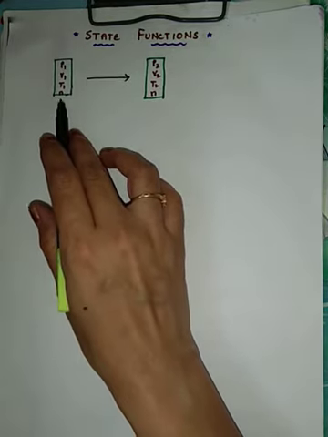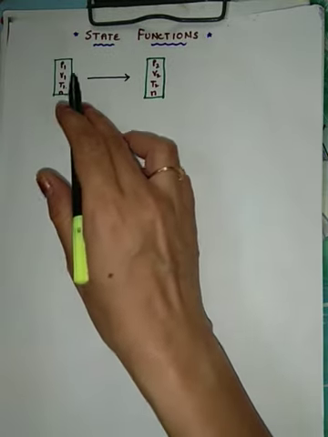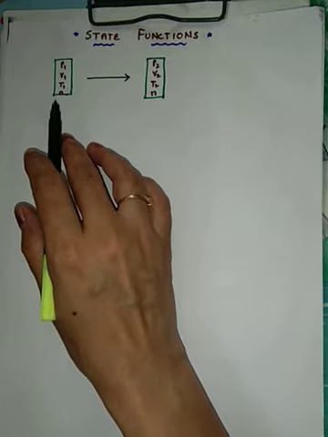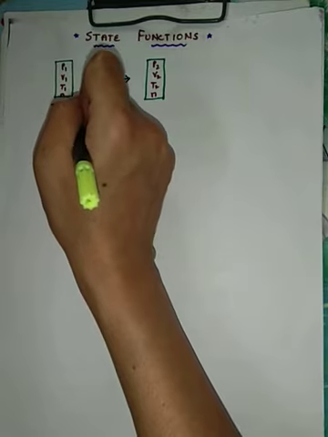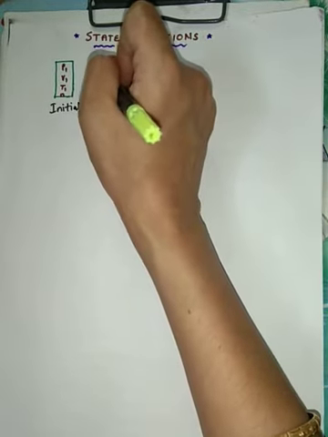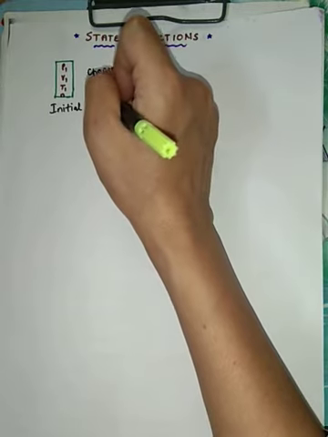First of all, state is defined by describing the values of pressure, volume, temperature and number of moles. Let us consider that initially the values of these state functions are P1, V1, T1 and n. Now if there is a change in these variables, they are called variables.